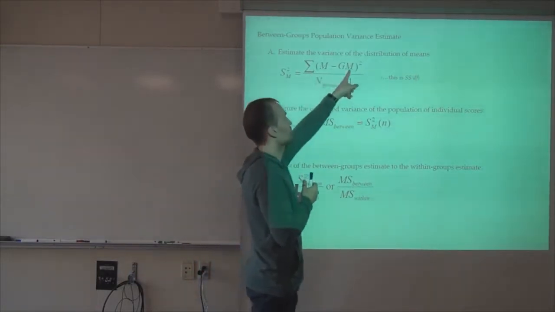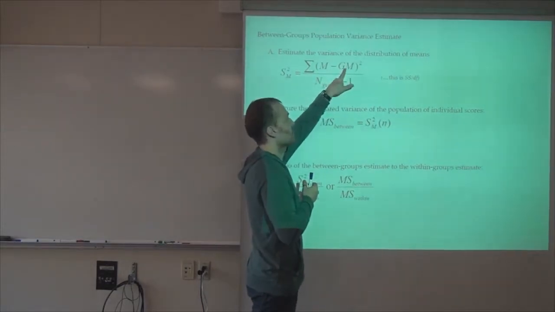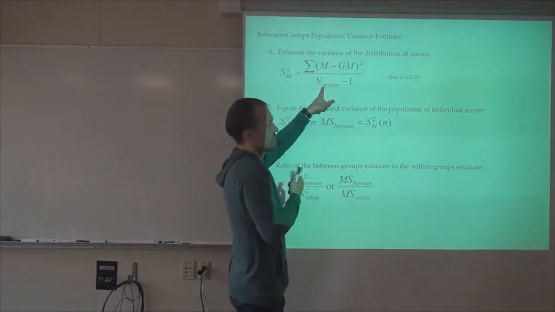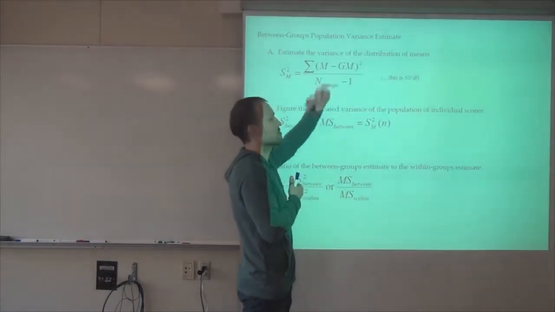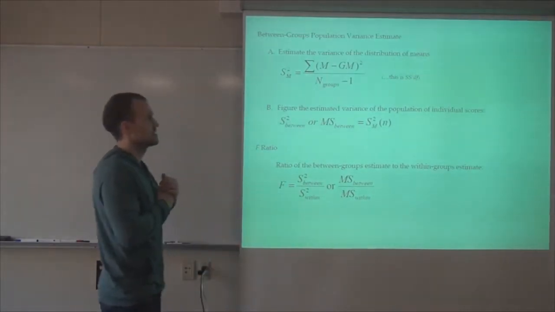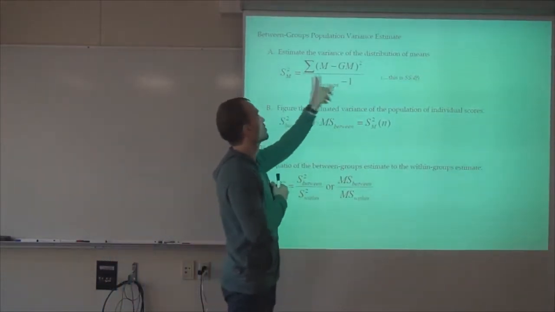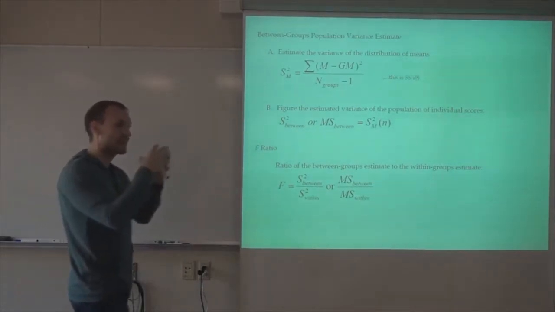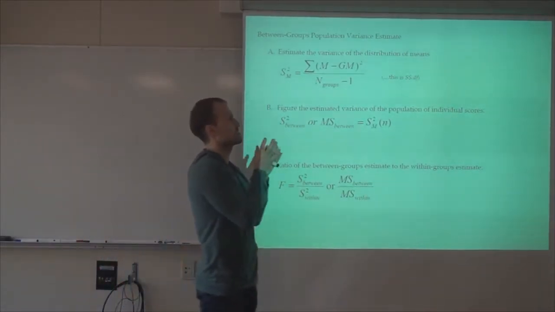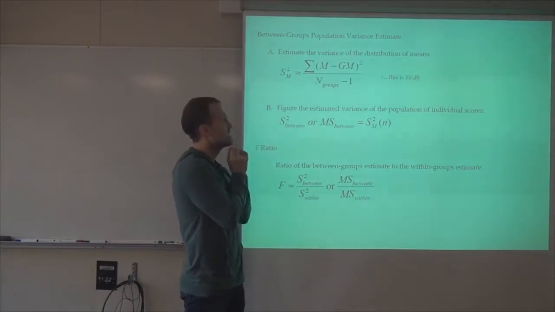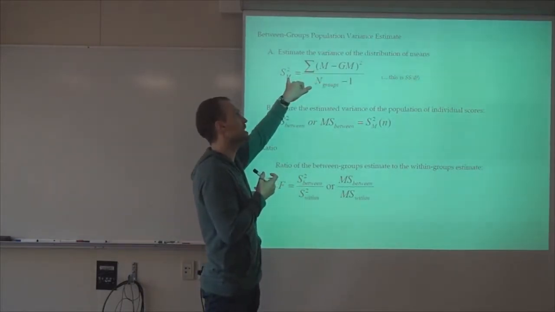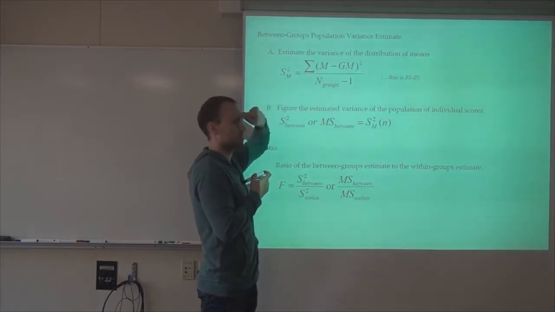So it's the sum of the squared deviations from their mean, which I'll call the grand mean, divided by the number of groups minus 1, because that's how many means I'll have. And that minus 1 will give me an estimate for that variance. But that is a variance estimate not for the population.